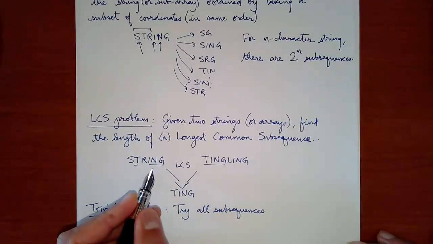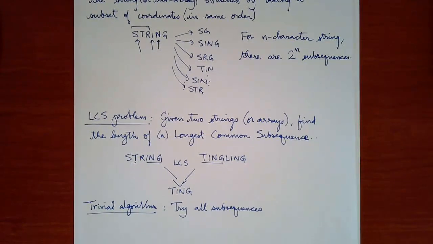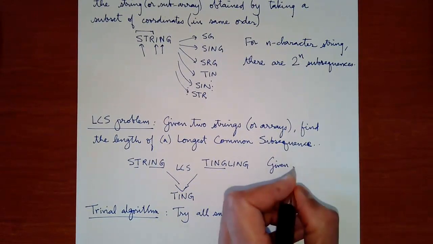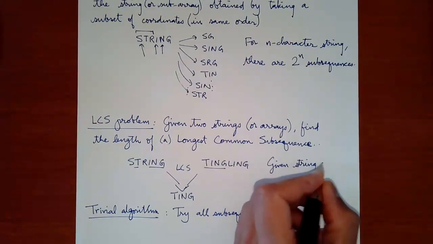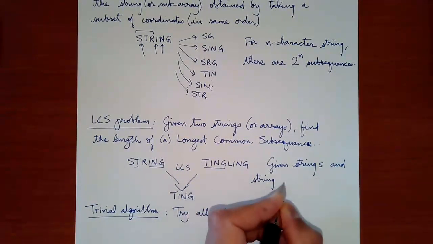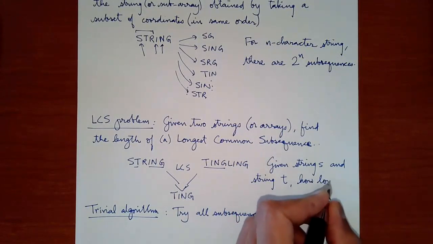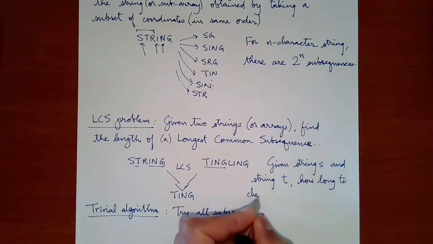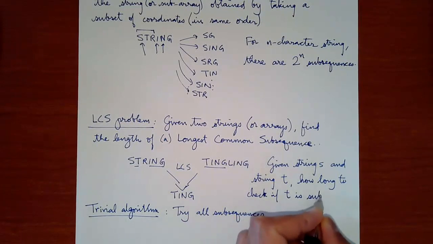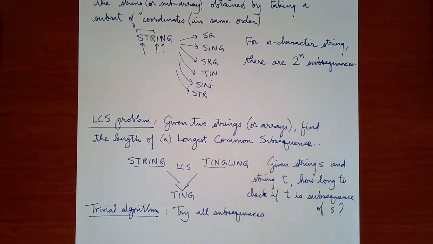So for any subsequence, you could take a subsequence of one and check if it's a subsequence of the other. Okay, so here's a question. Given string S and string T, how long to check if T is a subsequence of S?